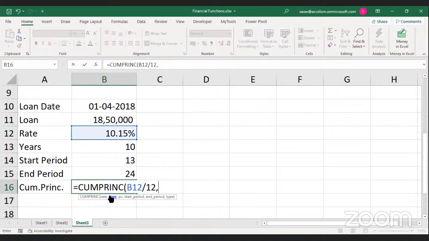Then the number of periods, this into 12, because the customer is going to pay in 120 periods, as the customer is paying every month, so the rate is divided by 12. Then the present value, this is the present value when he has taken the loan. Then this gives the EMI, right? But I don't want just the EMI, I want how much principal from the 13th period till the 24th.